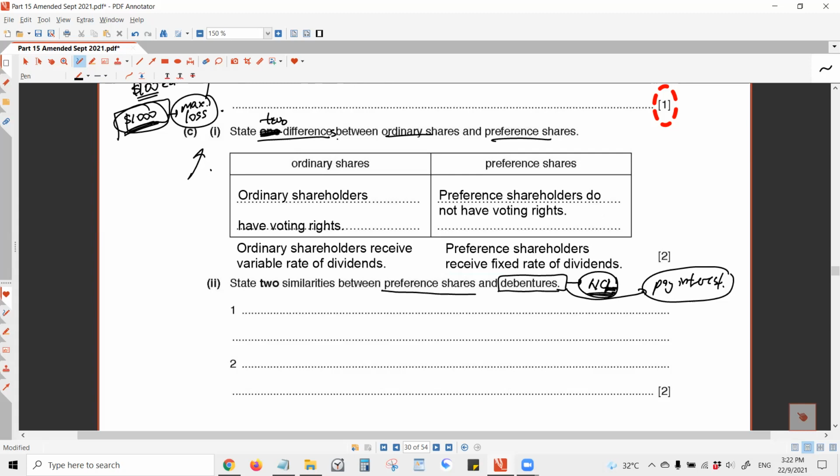Now let's talk about the fixed element of interest and the fixed element of the dividend that preference shareholders get. You write together with me. We talk about the fixed component.